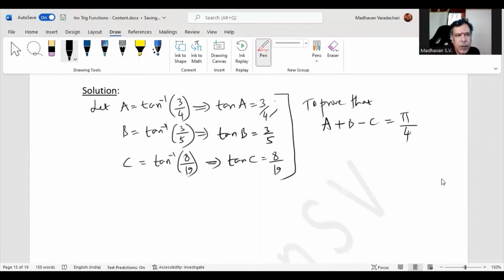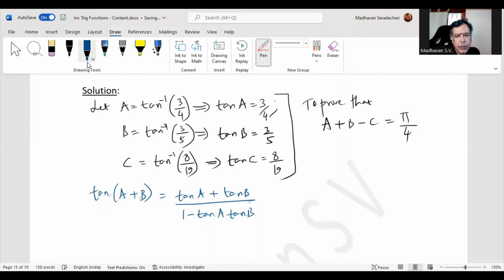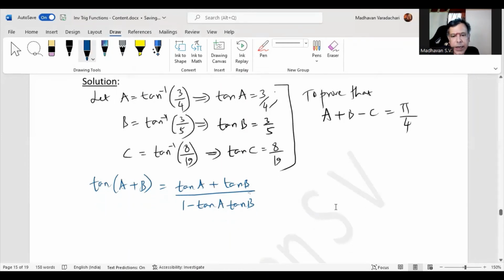So we'll be considering two trigonometric identities. One is what we had seen in the previous problem: tan of A plus B is equal to tan A plus tan B divided by 1 minus of tan A tan B. That is one trigonometric identity.